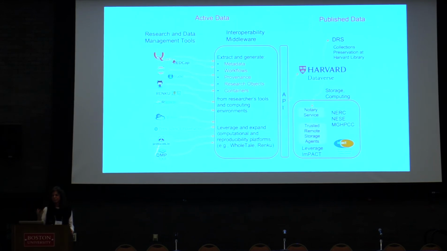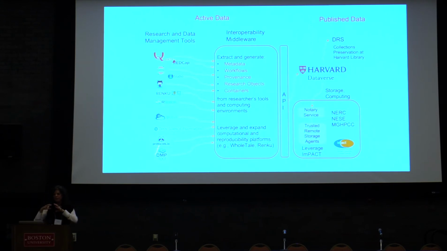cycle, right, or workflow, but not only just by putting a bunch of files in a place and pointing to that, but actually building, whether it's within a container or a capsule or so, building some metadata provenance that are added to the data and the code and the workflows that are part of the research, the outputs of the tools that researchers are using, and connecting that to the data.